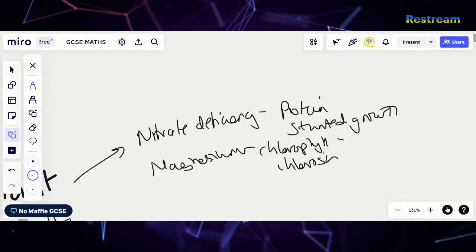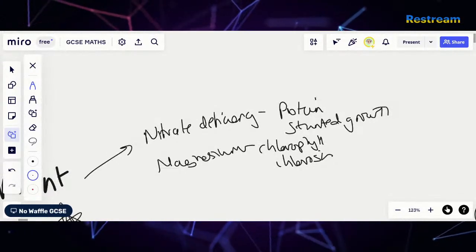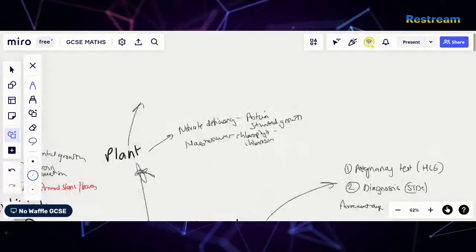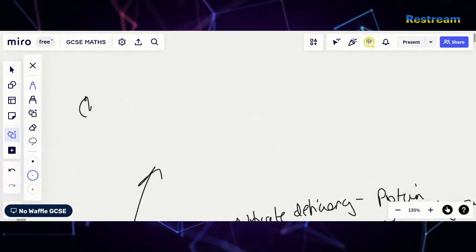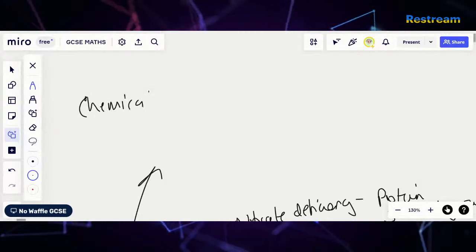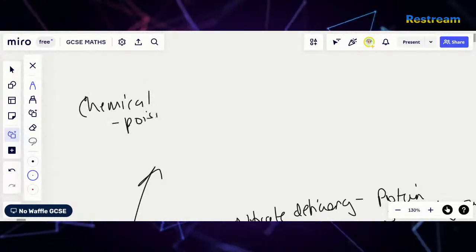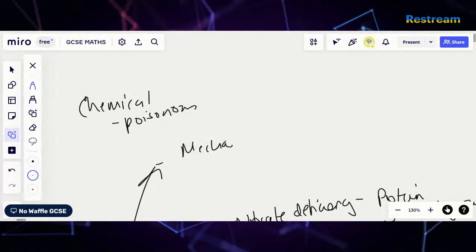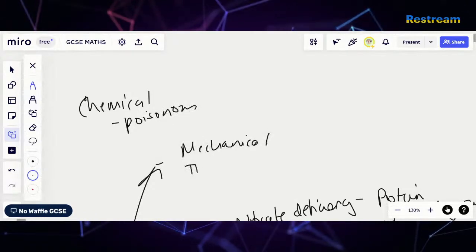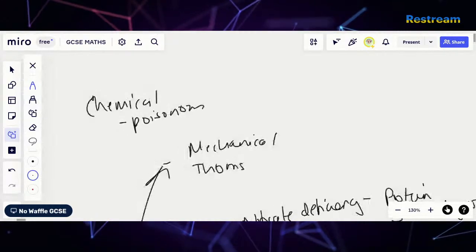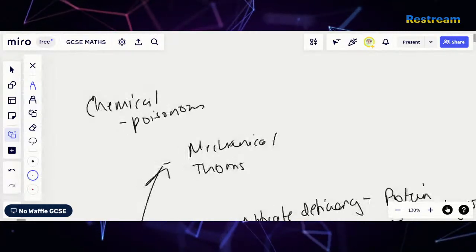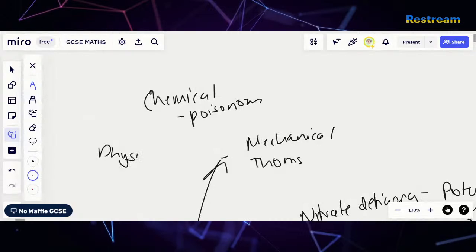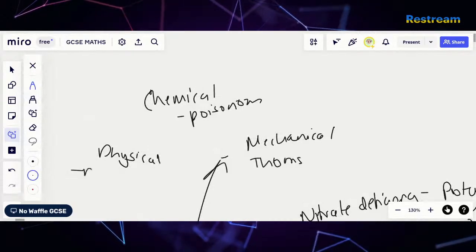Now, defense responses, finally, last thing. There's different types of defense responses. There's chemical, which is things like having poisonous plants. There's mechanical, which is things like having thorns. And then there's just physical, which is like having bark on the tree.